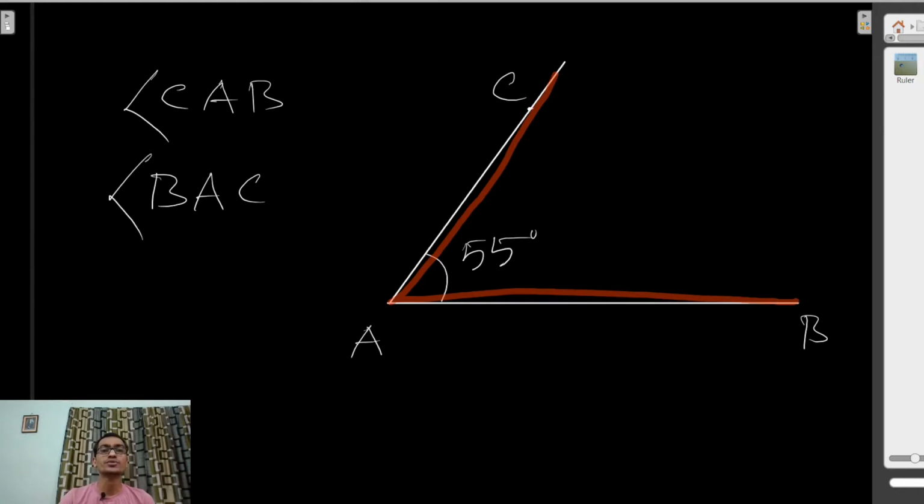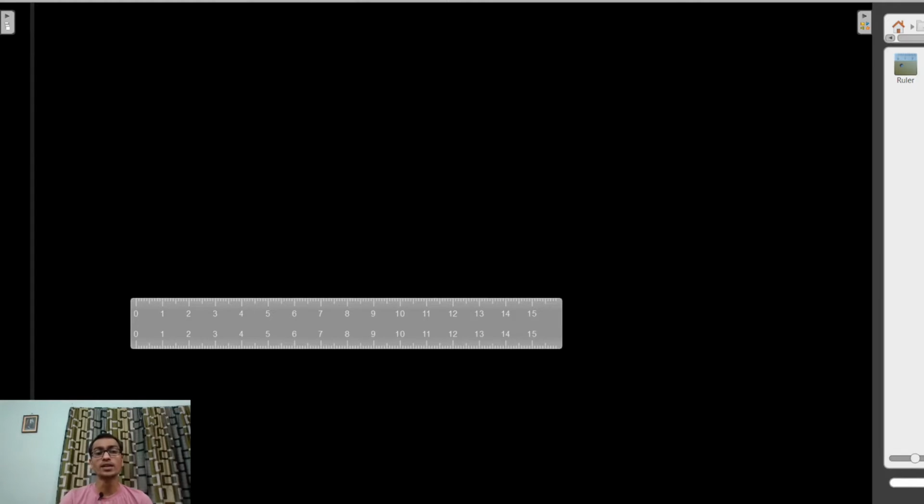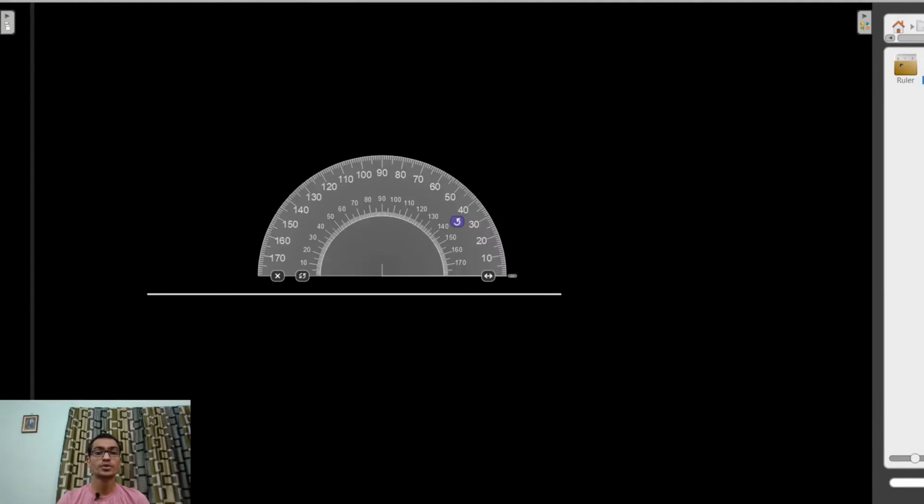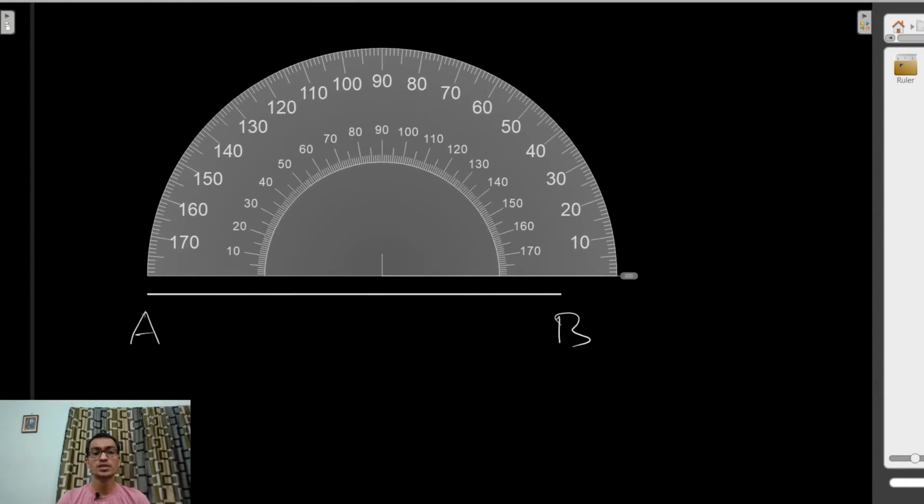Now we are going to draw another angle which will be on the left side. We draw a line segment, then we remove our ruler and take a protractor. You can also name the line segment AB.